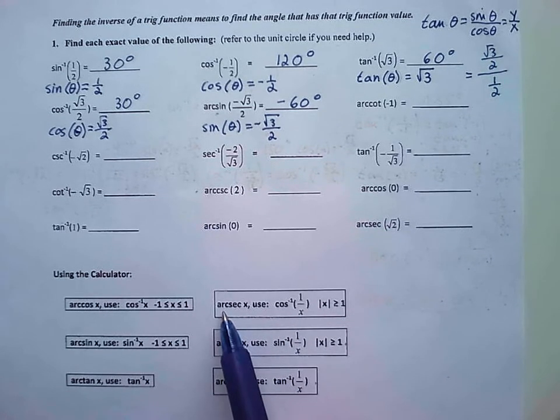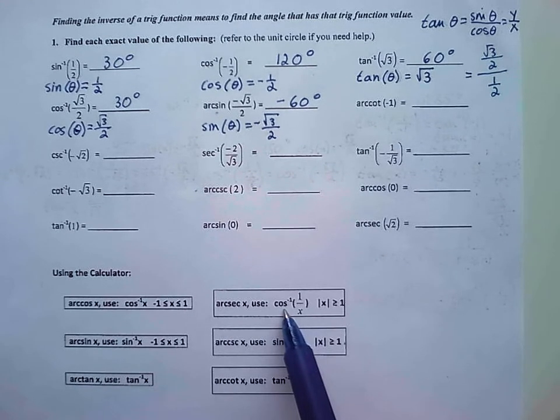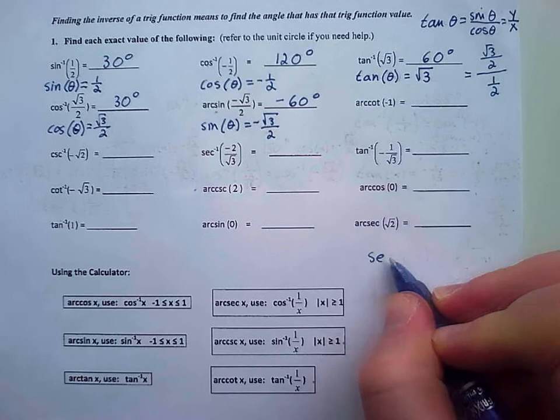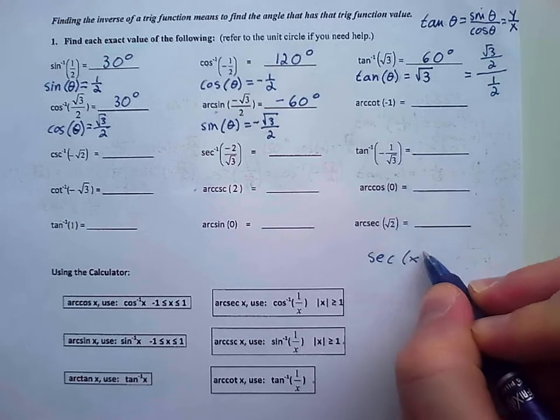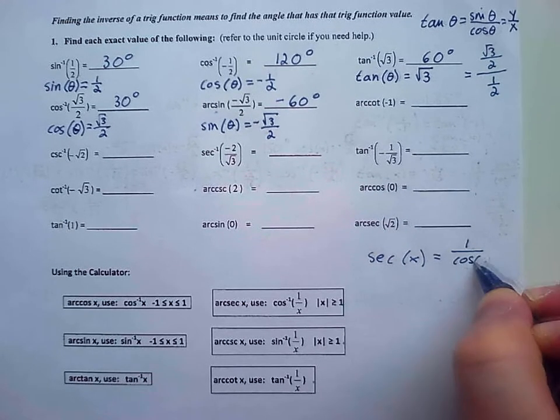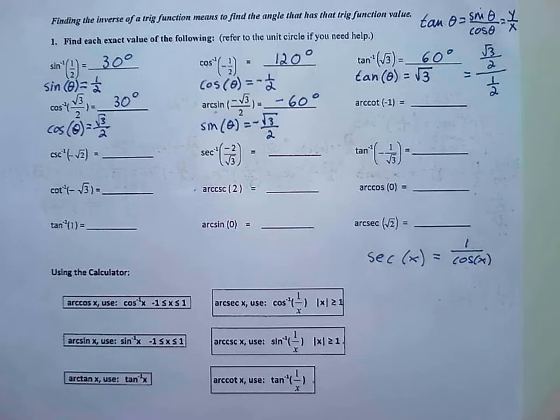And what it's saying here is this. For the arc secant of x, that's the same thing as taking the inverse cosine of 1 over x. Now, remember this. The secant of x is just the same thing as 1 over the cosine of x.